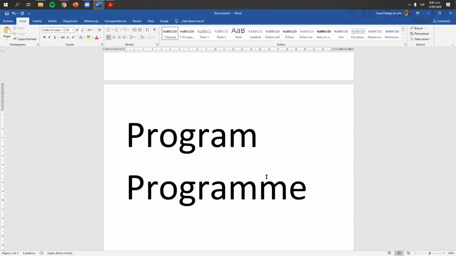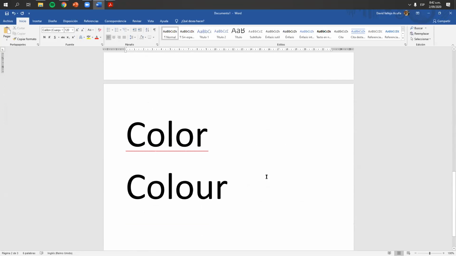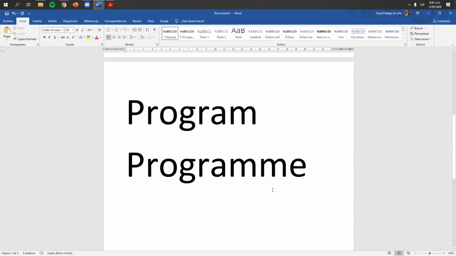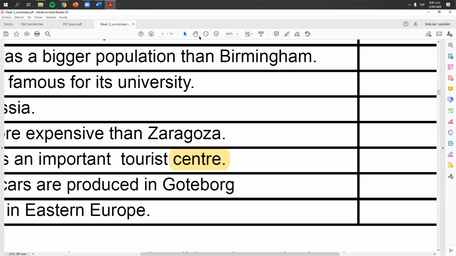So that was just a matter of economy, let's say. So they created shorter words just for economy, basically. As some people say, we could say that capitalism changed the English language. That's something some people say. There you go. So those are some of the differences we can find there.